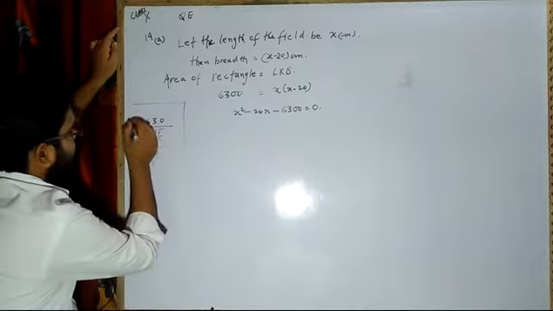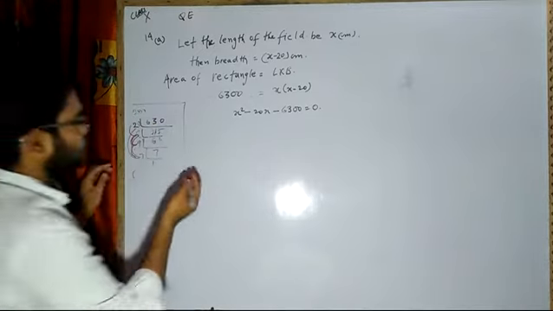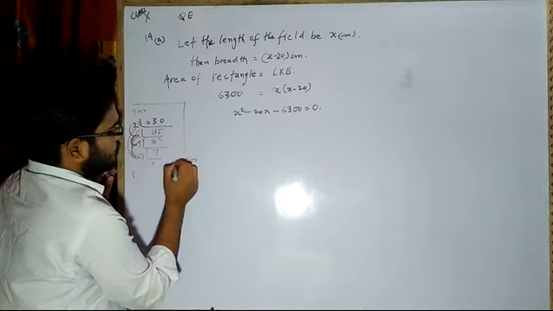Then what will we do? We can break again. 20 means 2 into 10. Okay, once again I will try. 6300.